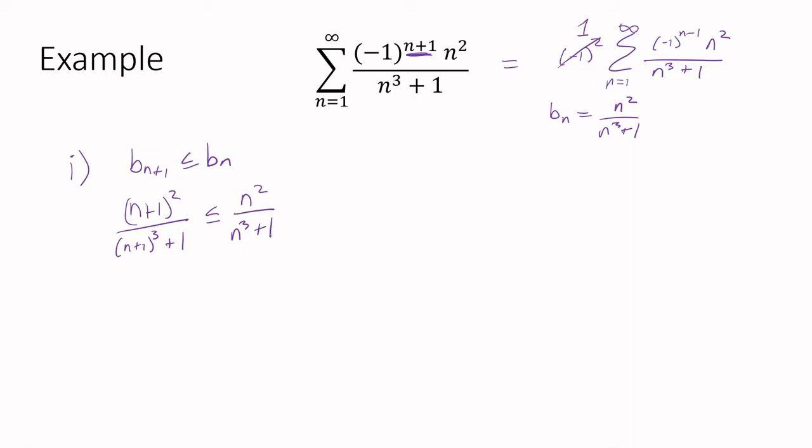Okay, so I would need to show this is true. And then in the second case, what do I need to do? I need to be able to show that the limit of n squared over n cubed plus 1 as n goes to infinity, I want to show that it's 0. So this is what I need to show in order to use this test, the alternating series test.